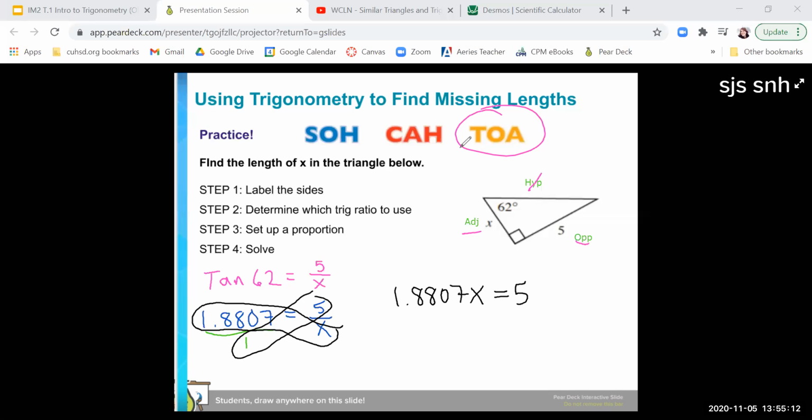And we're trying to solve for x. In order to get x by itself, we need to divide both sides by 1.8807. That will get us our x alone.